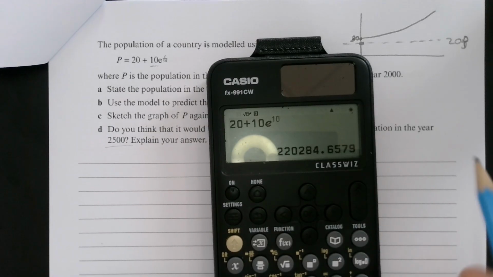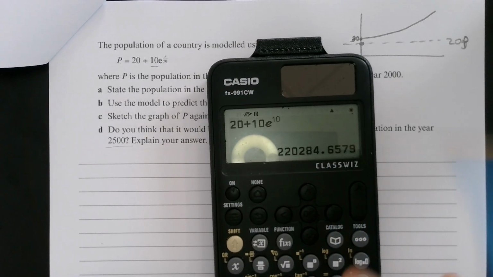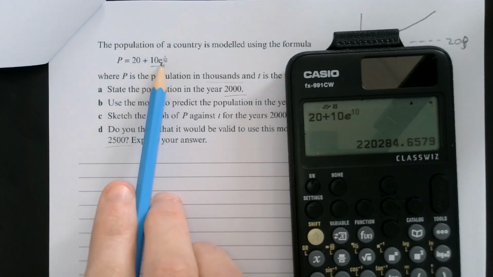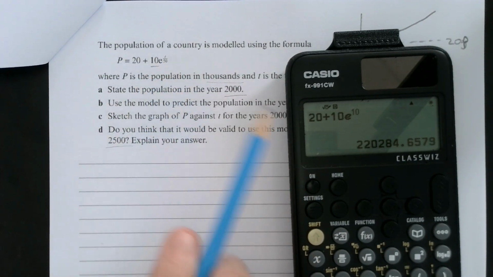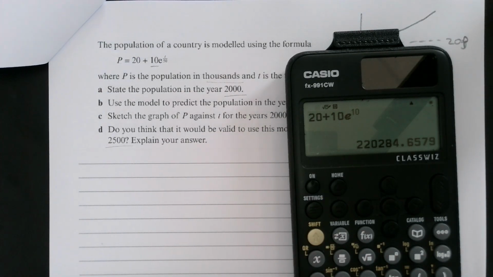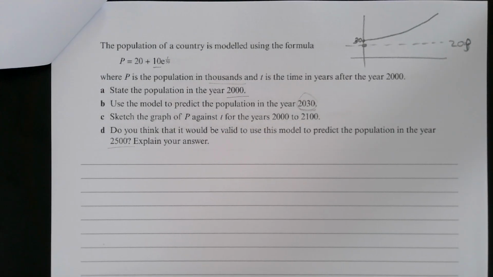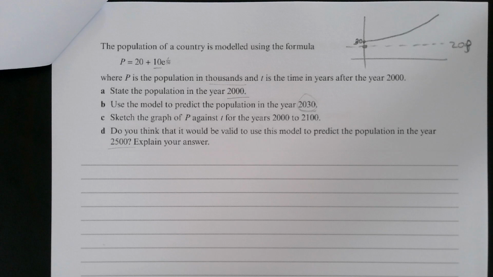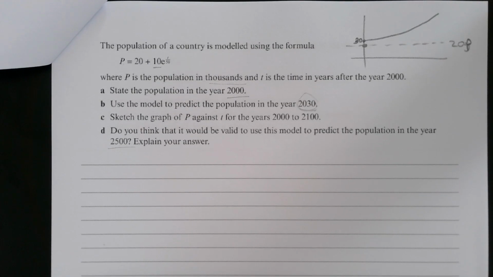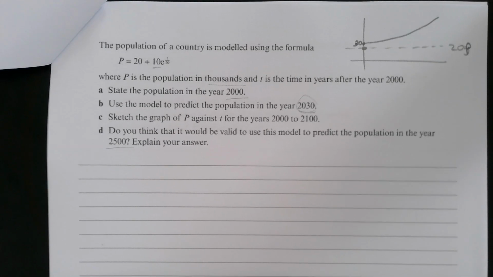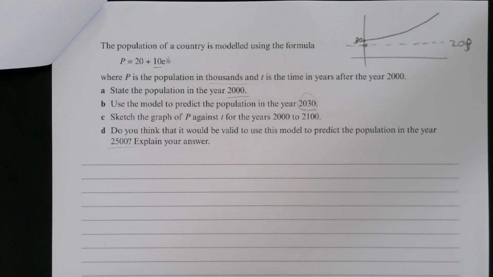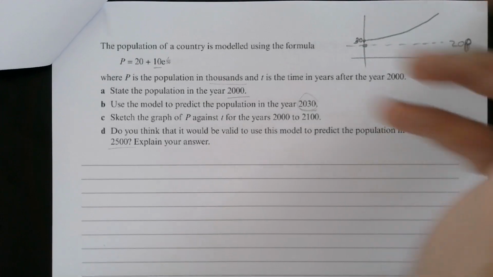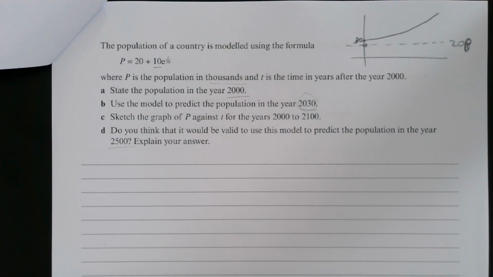I would say work out what the answer is. So put in the value of 500. It's t. Work out the number. So that's 220 million. Say there are countries where it's 220 million, so it is possible. Or that's a ridiculous size for a population of a country, so no. But if you've got the number and you're basing it off that, then you're more than likely going to get the marks if you've got some numbers to back it up.